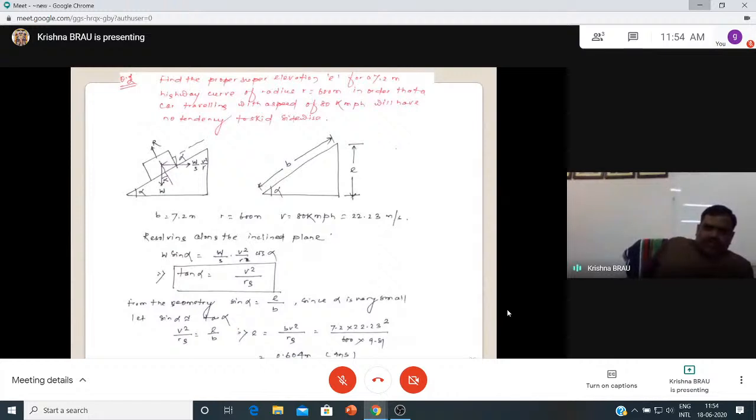Find the proper elevation E for a 7.2 meter highway curve of radius R equal to 600 meters, in order that a car traveling with a speed of 80 kilometers per hour will have no tendency to skid. So this is what R is equal to W by g into v square by R.